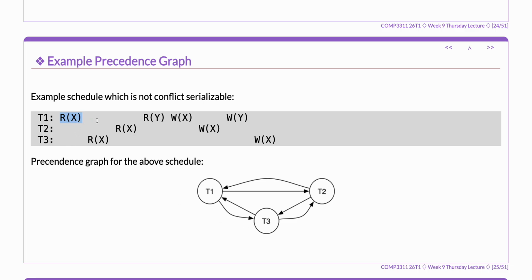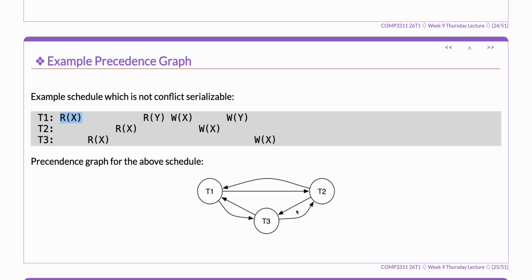And then we go through all possible pairs of operations across transactions, and if they're conflicting, we draw an edge like that. In the end, we're left with a precedence graph, and we can see that it definitely has a cycle. T1 goes to T2, T2 goes to T3, T3 goes to T1.